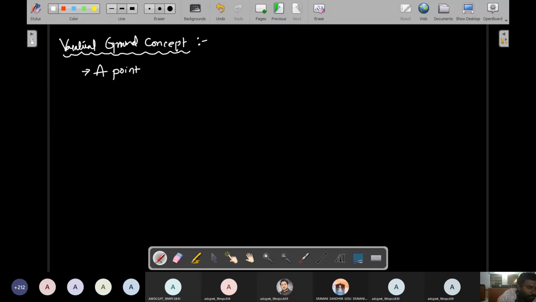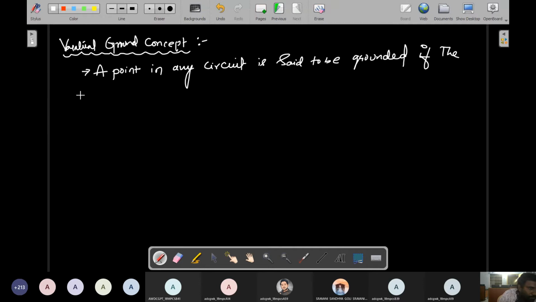A point in any circuit is said to be grounded if the potential at that point is equal to the ground potential.